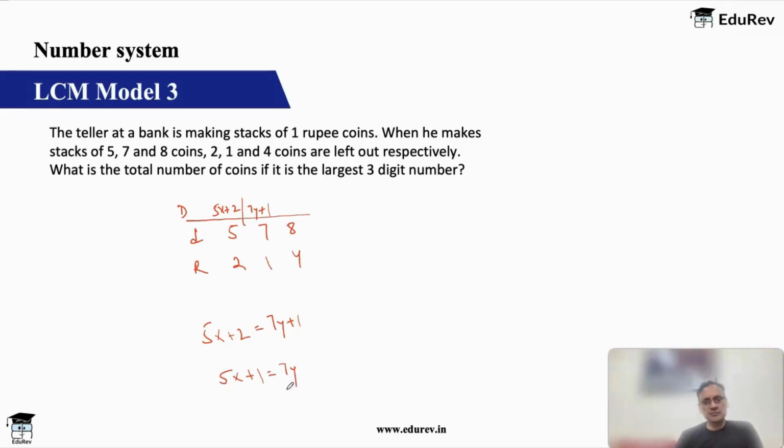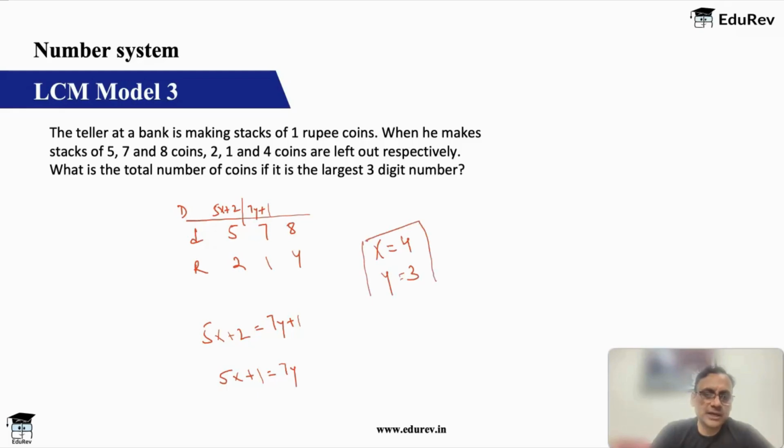Okay. Now let's check for values of x and y. X is 1 gives me 6 is equal to 7y, not possible. X is 2 gives me 11 is equal to 7y, not possible. X is 3 gives me 16 is 7y, not possible. X is 4 gives me 21 is 7y, which is possible. 21 is a multiple of 7. So it gets satisfied at x is equal to 4 and y is equal to 3.